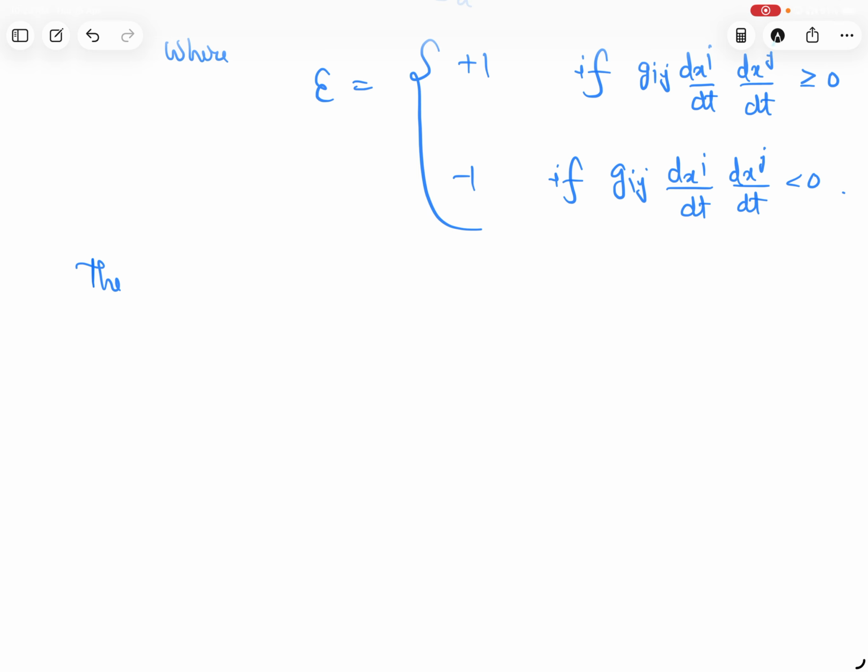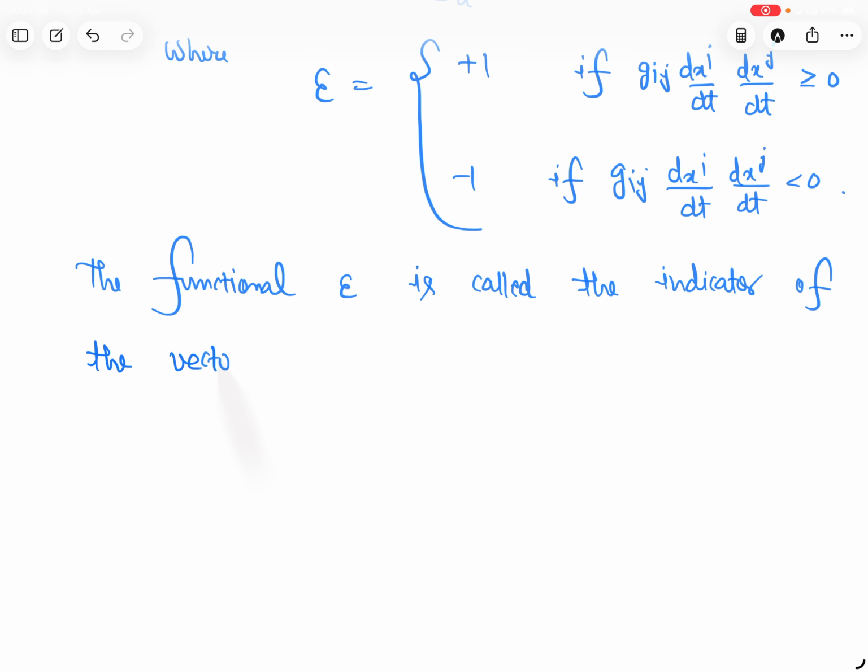The functional epsilon is called the indicator of the vector dxi/du relative to the matrix gij.